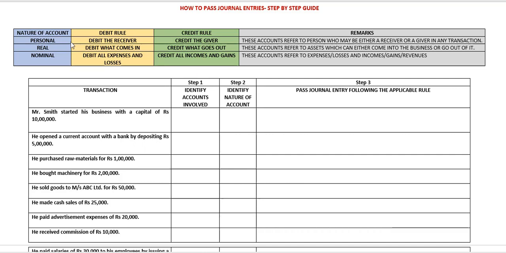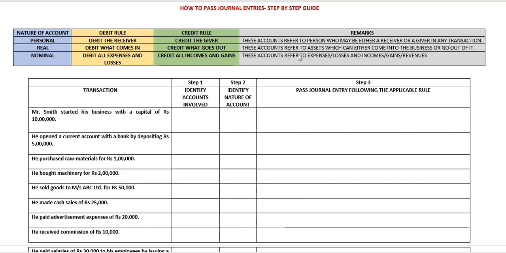So for personal account, the rule says debit the receiver and credit the giver. Generally these accounts refer to person who may be either a receiver or a giver in any transaction. So if the person is a receiver, then we will debit it, and if the person is a giver, we will credit it.